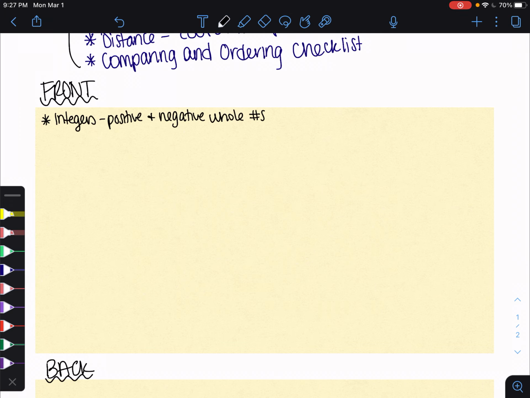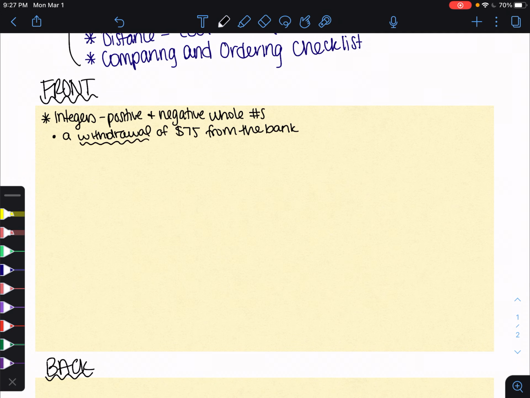And then if I did a couple of examples, I could do, for example, a withdrawal of $75 from the bank. A withdrawal of $75 would be me taking money out, so that's going to be represented by negative 75, or negative $75. And then zero is no change.